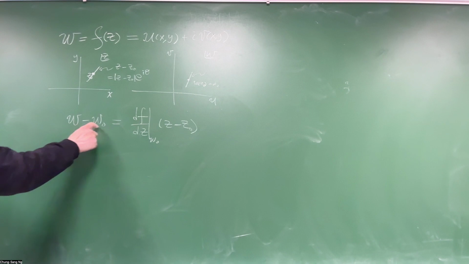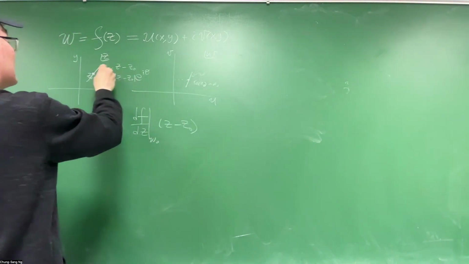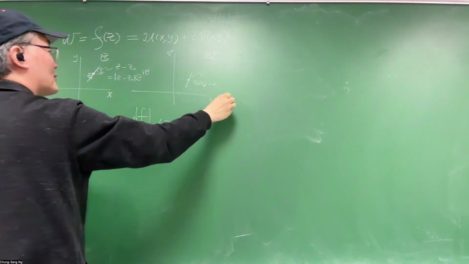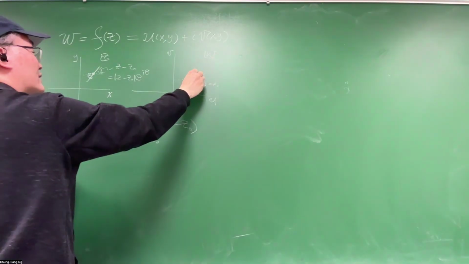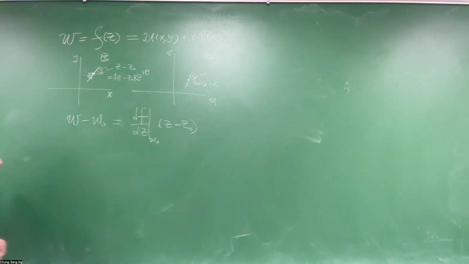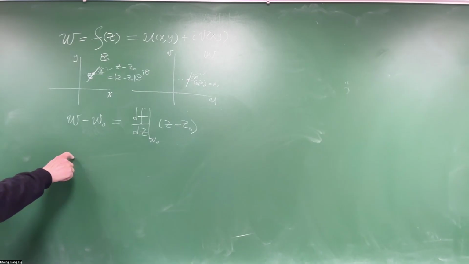And then you write it in the polar form. So this is theta, right? It is the polar angle on the W plane. So give it another name, theta or phi. Okay. You write it in polar form, right?